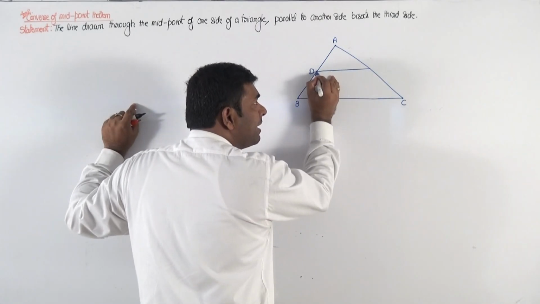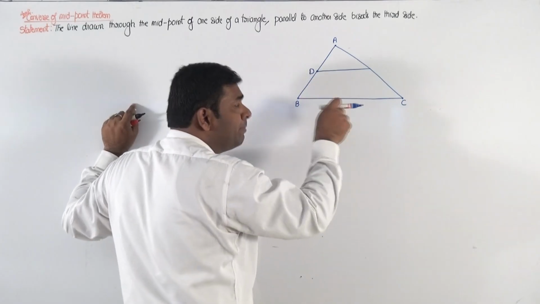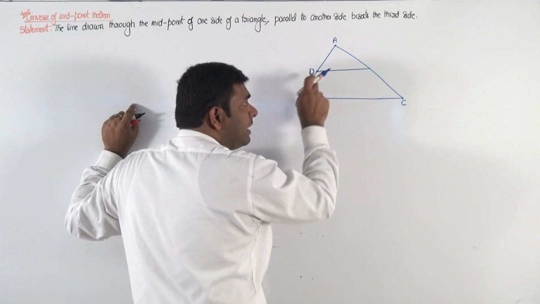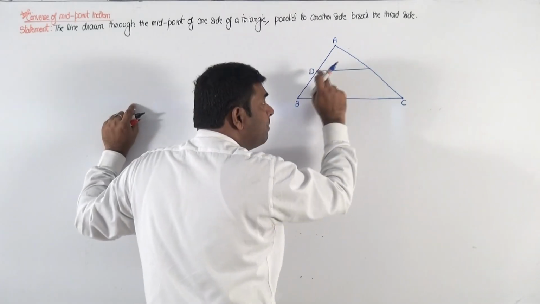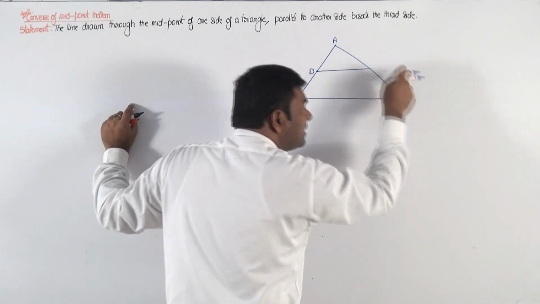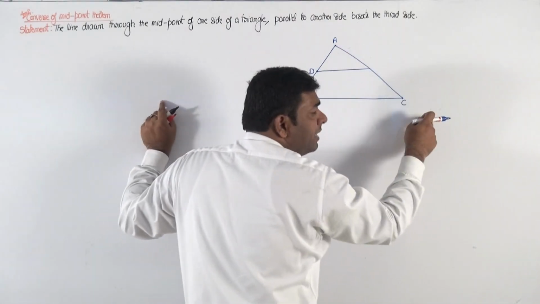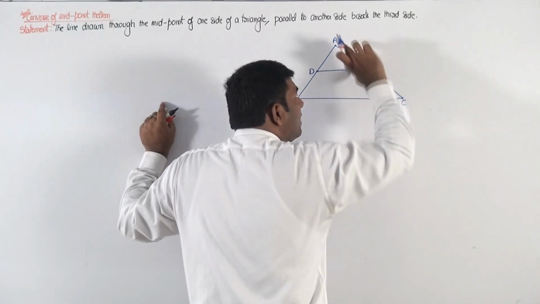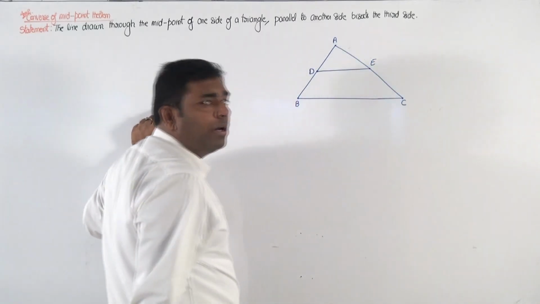D से अगर मैं एक लाइन ड्रॉ करूंगा, ये third side को bisect करेगा. इसका मतलब है AE जितना होगा EC भी उतना ही होगा, करके प्रूव करना है.